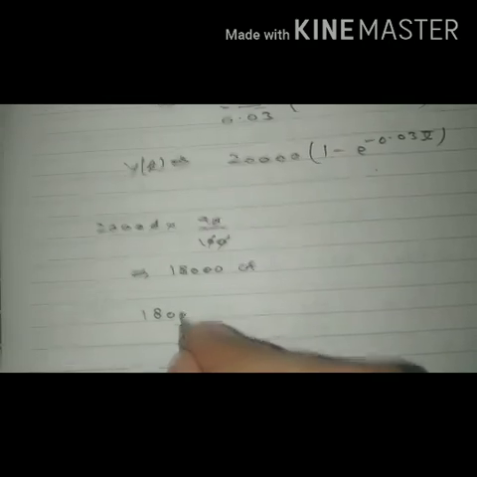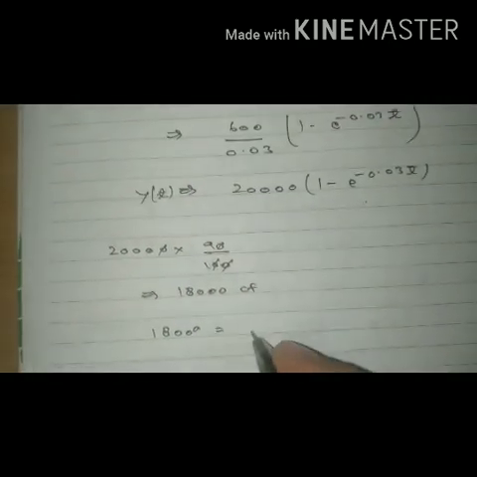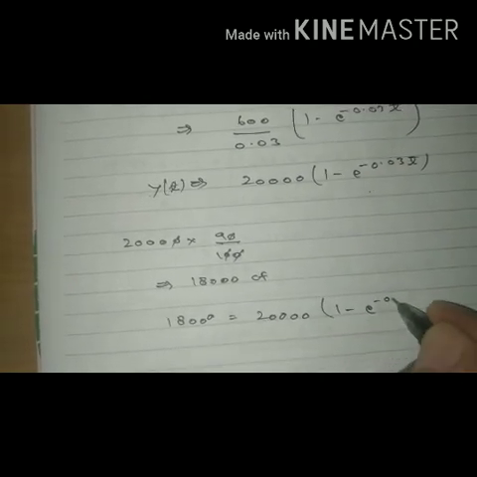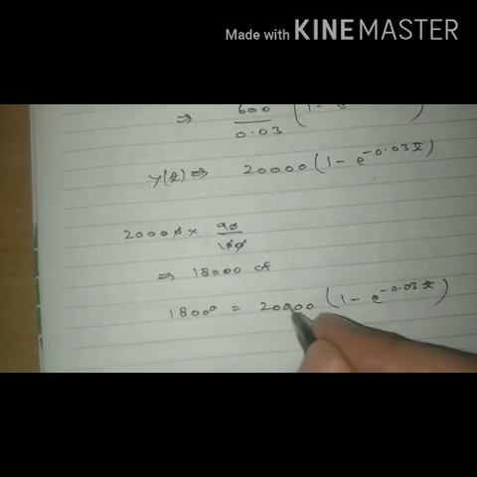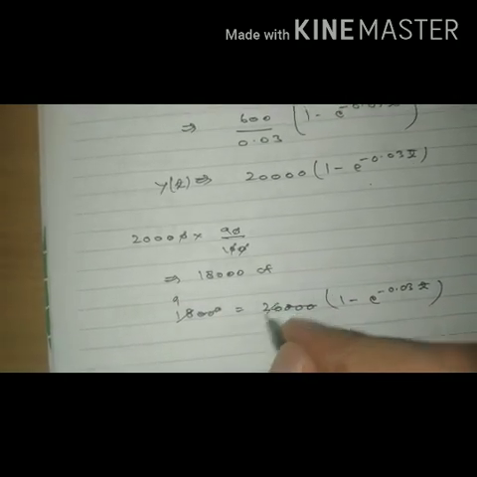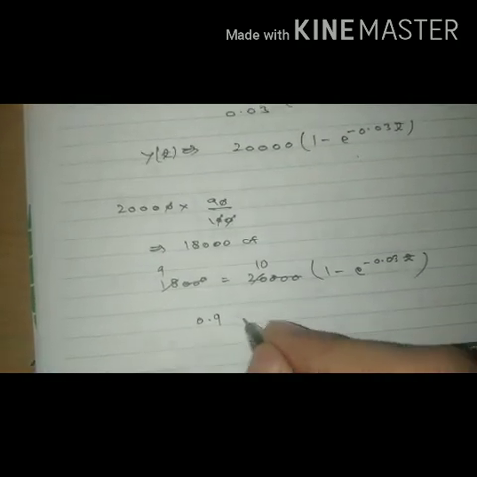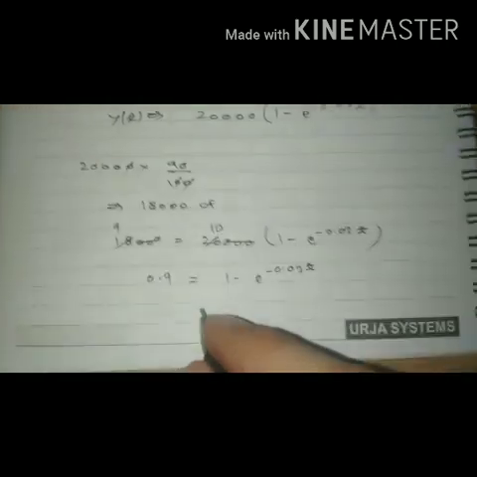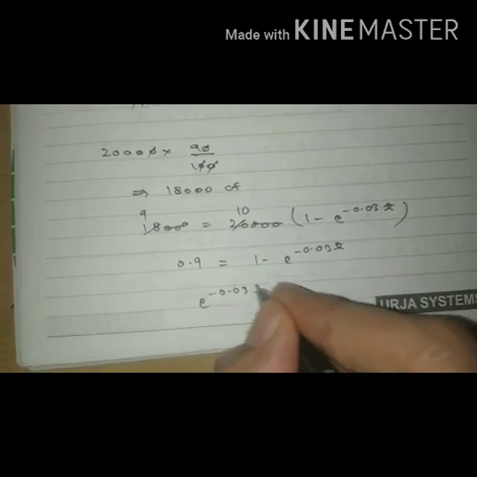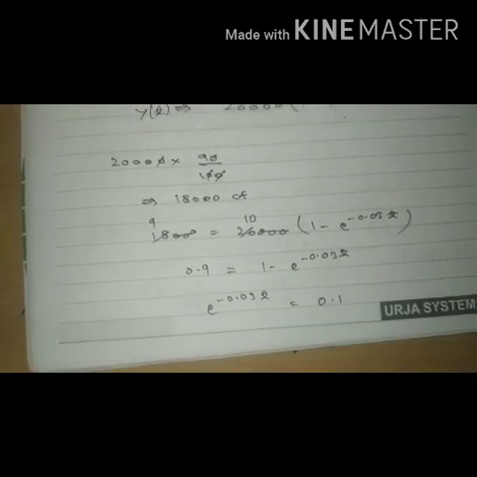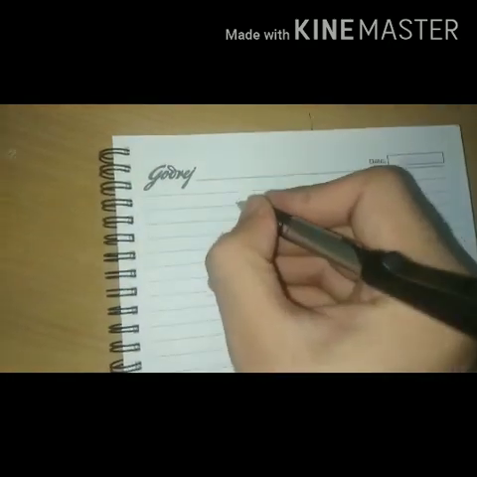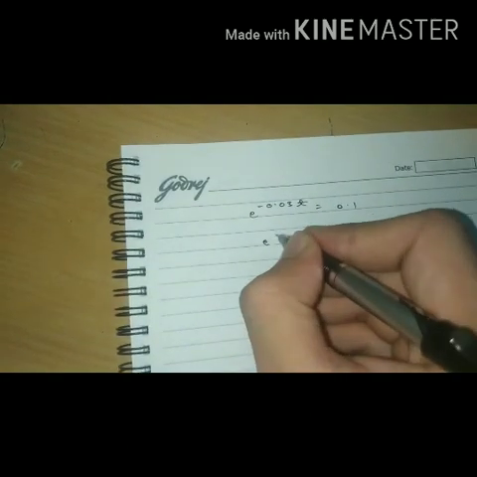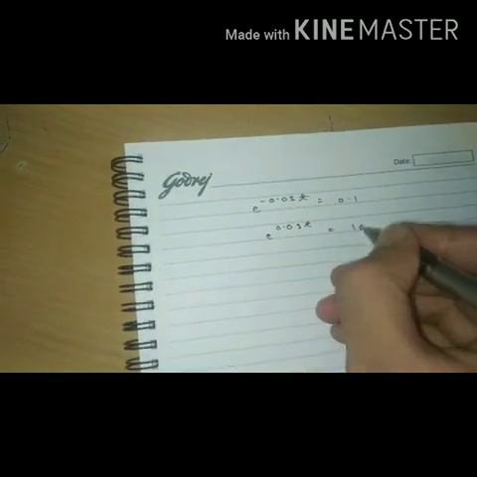So we simply calculate at what time the concentration of fresh air will be 18,000. That gives 0.9 equals 1 minus e to the power minus 0.03 t, so e to the power minus 0.03 t equals 0.1, and e to the power 0.03 t equals 10.